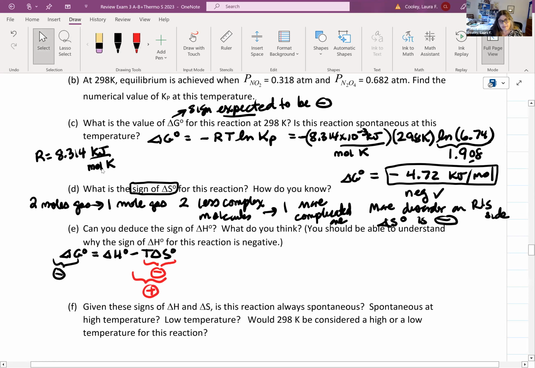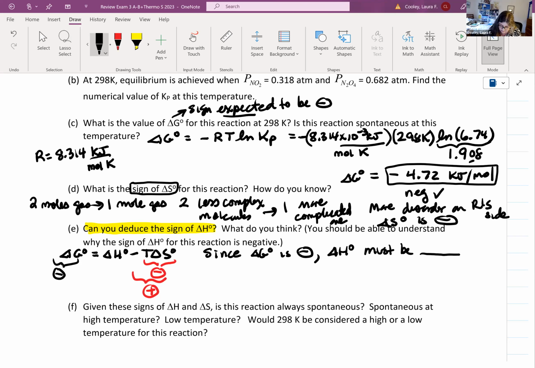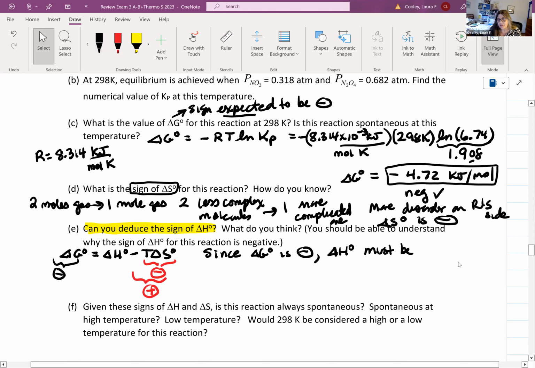Okay, so can you answer this question now? It should start with, since delta G is negative, delta H must be negative, right? Because otherwise, how could delta G be negative?